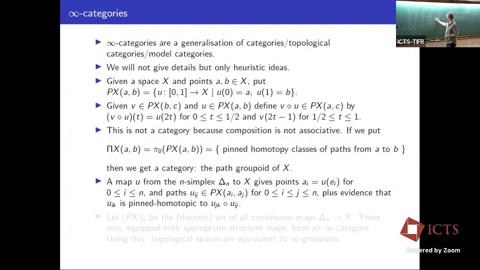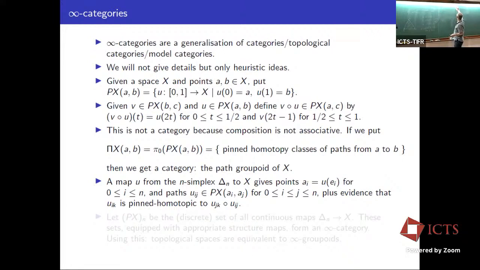So these are points of X. Now, U applied to the edge from E0 to E1 gives the path.